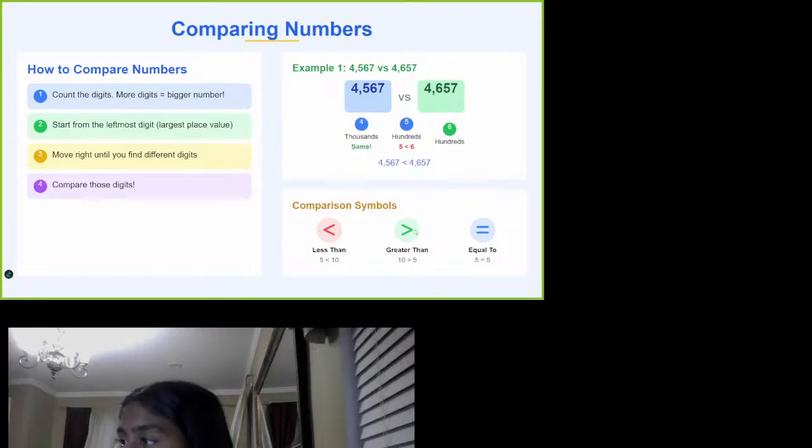The next symbol is the same symbol, but flipped over to show greater than, so the left shows the bigger number and the number on the right is smaller than the number on the left. And this is the equal to symbol, which means both numbers are of equal value.